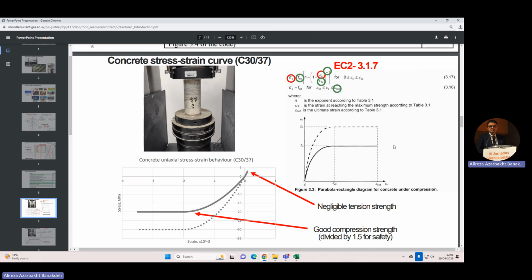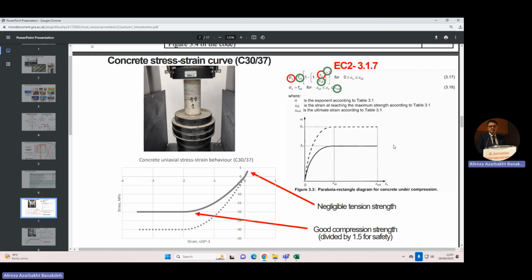When we reach 30, I'm still shrinking, which means the epsilon is increasing. At some point it will crash, which is epsilon cu2. The parameter you got, epsilon cu2, right? Somewhere here you will see it crash. That's the behavior of concrete without reinforcement, just pure concrete.